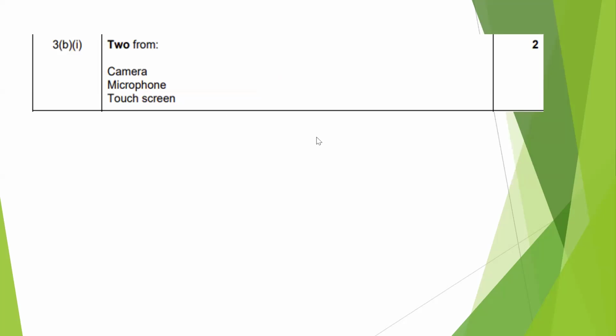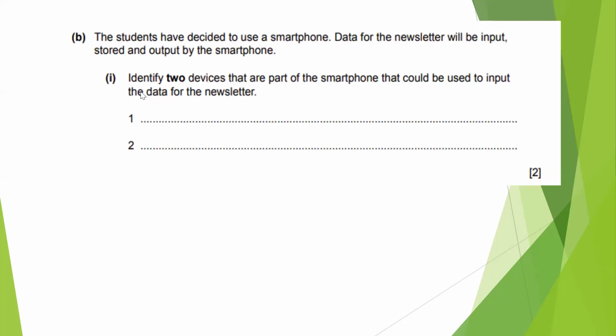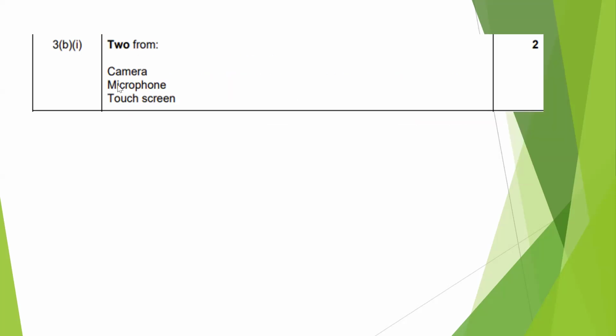It can be used to enter data. So it is asking to identify two devices that are part of the smartphone that we use to input the data for the newsletter. So you can use camera, microphone for reading, touch screen for typing. Got it?